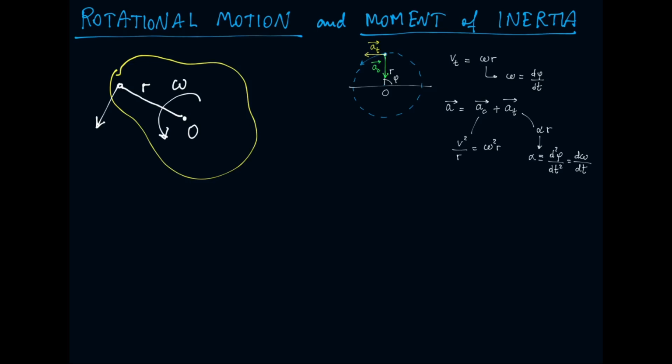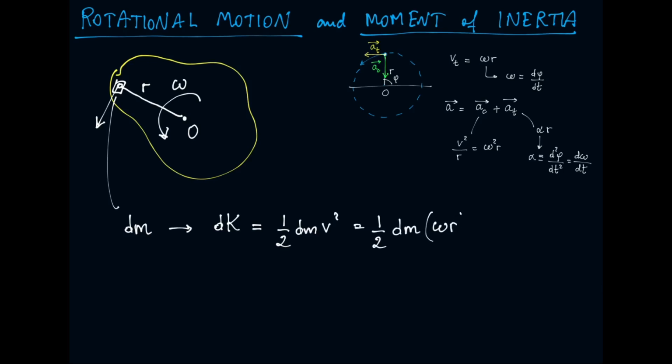It's probably easy to have the intuition that it's somehow a type of kinetic energy, because every little element dm of this object brings a kinetic energy of 1/2 dm times v squared, or equivalently 1/2 dm times (omega r) squared.